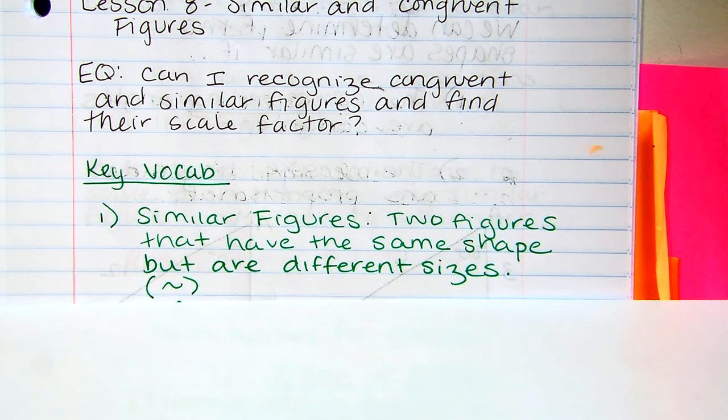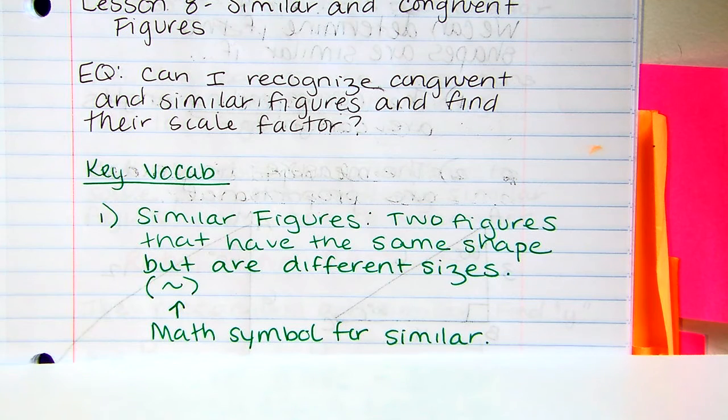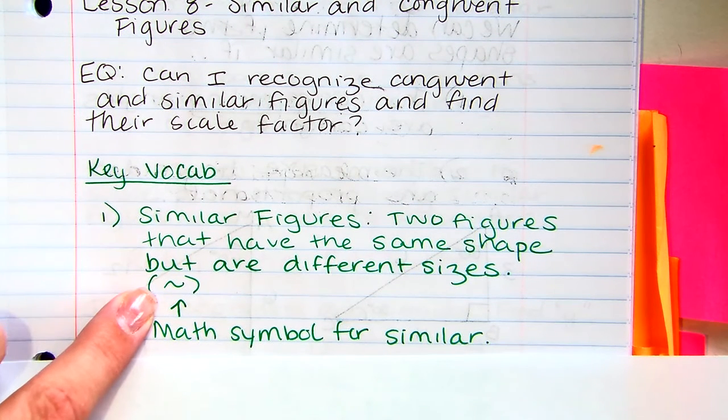In math, we often use symbols to identify different things, and our symbol for similar figures is that little line right here. Now, many of you know of this from early on as being approximate. What we're now going to be doing is using this symbol for similar.